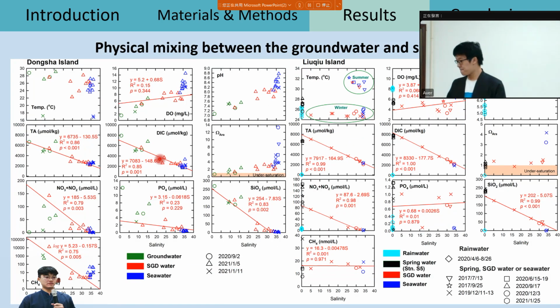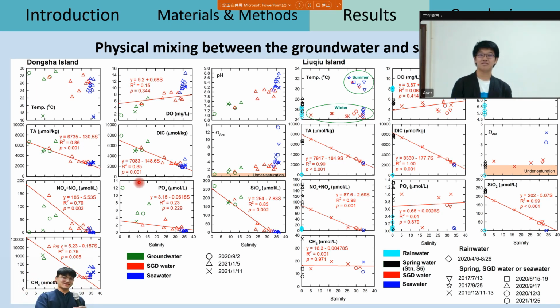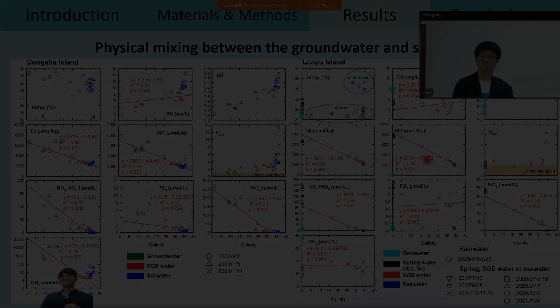Because Dongsha and Liuqiu Island are both coral islands, and we want to compare the SGD between them, and you can see the TA and DIC are really high. We can prove it is because of the coral reef.